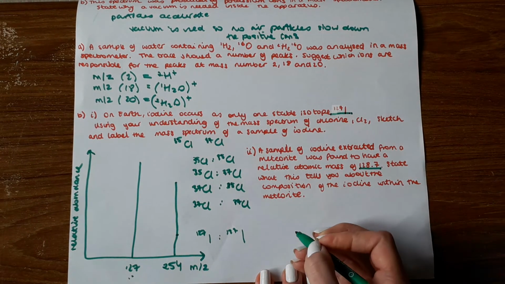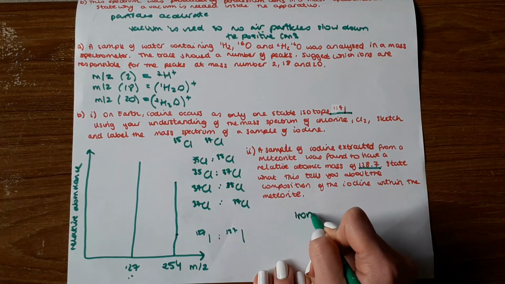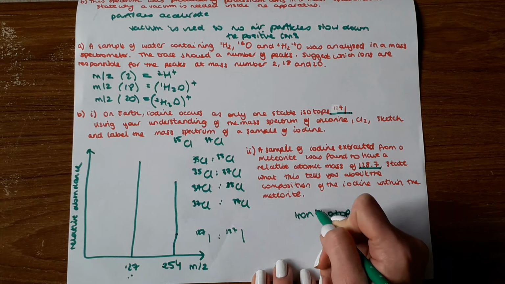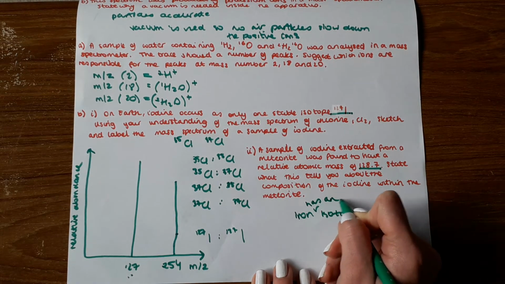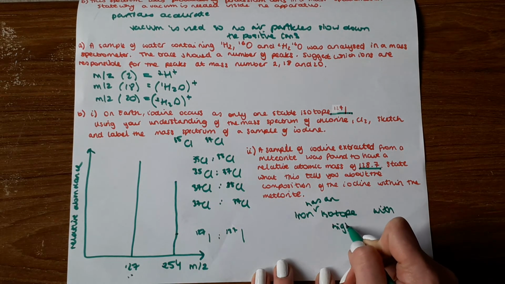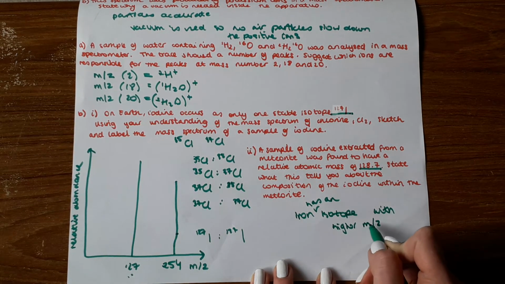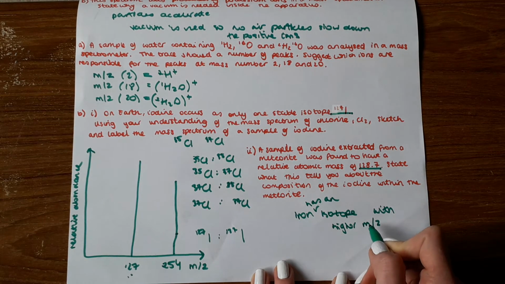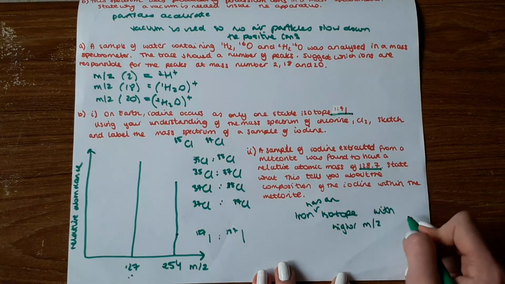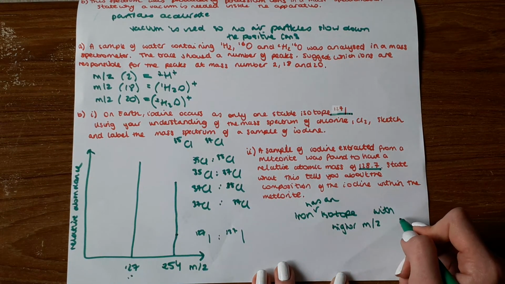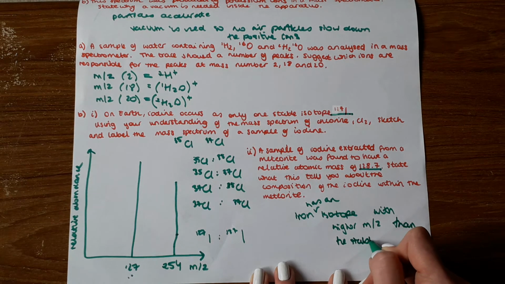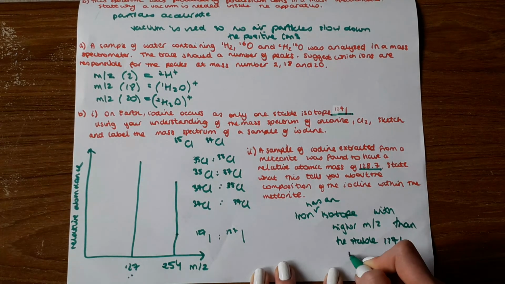This shows us that iodine has actually an isotope with a higher mass number than the stable 127 found on Earth.